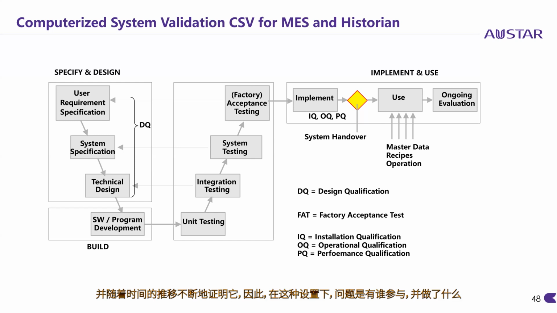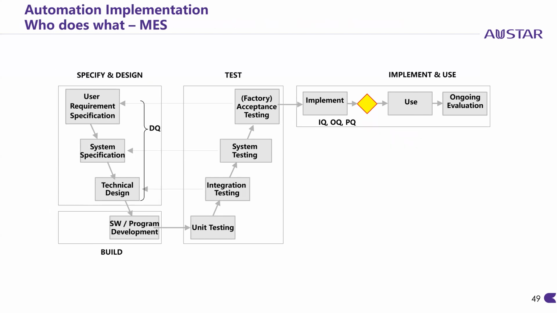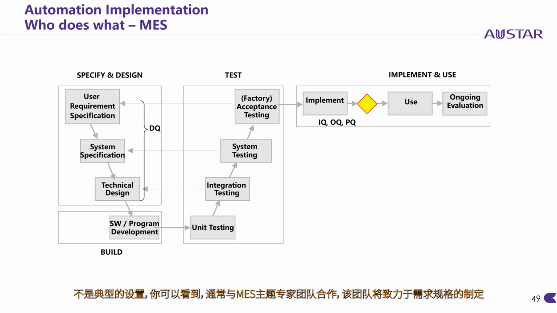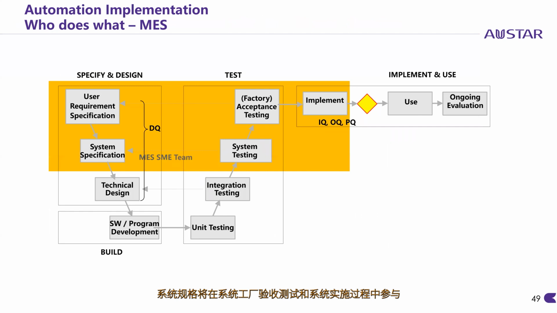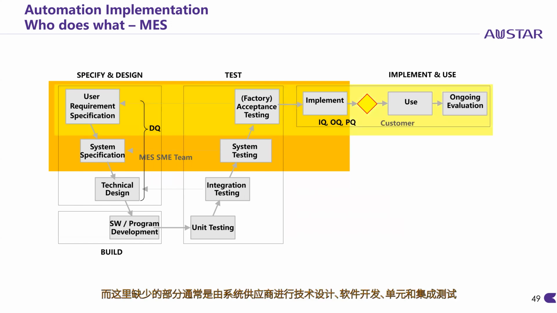So with this setup, the question is who is involved in doing what? So in a typical setup, you normally work with a MES subject matter expert team. This team will work on the requirement specification, the system specification, will be involved in system factory acceptance testing and implementing the system. Then we have a second group of users, which is the actual customer.